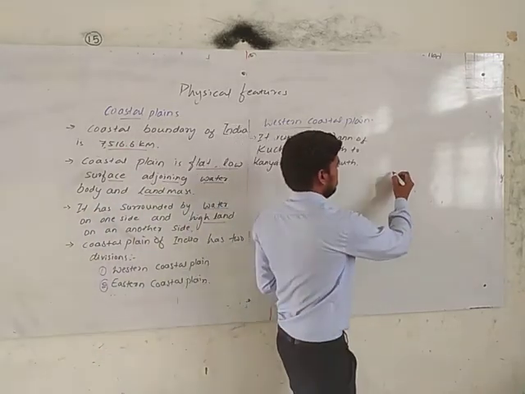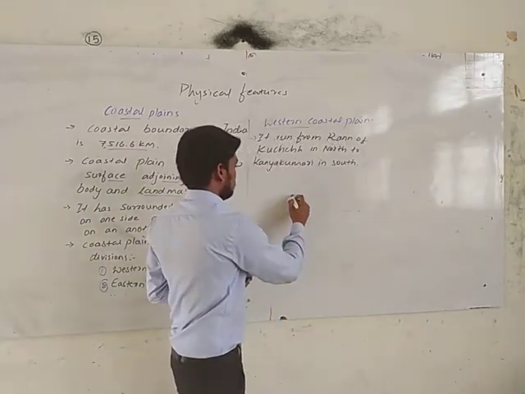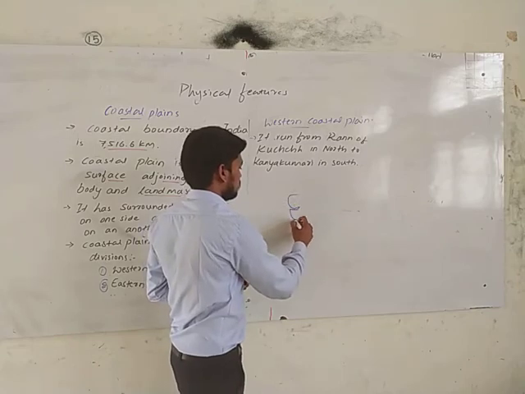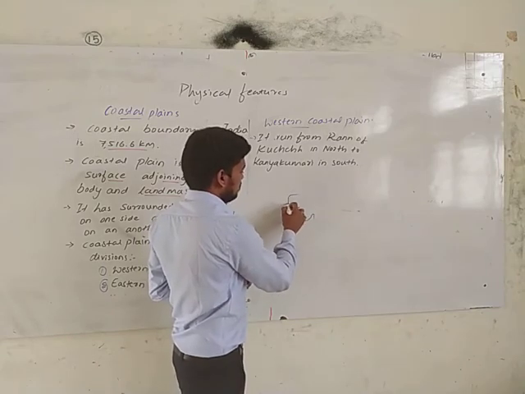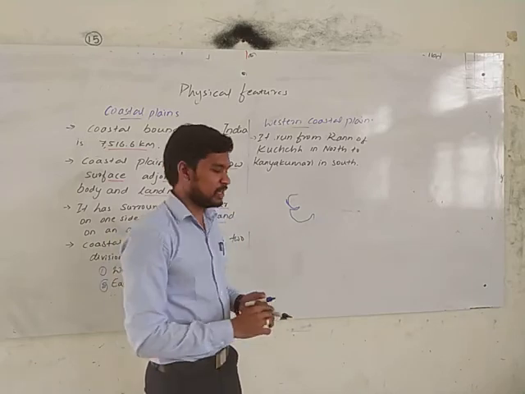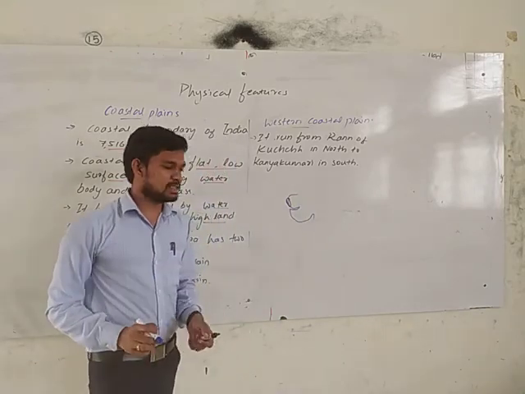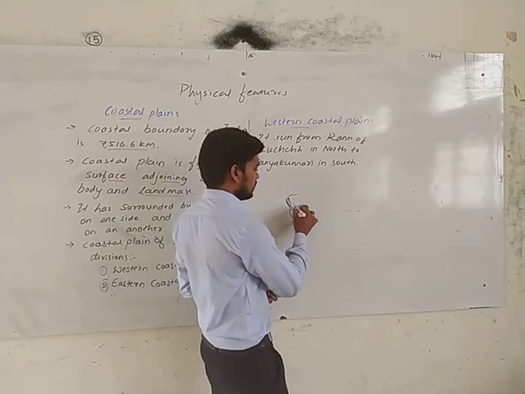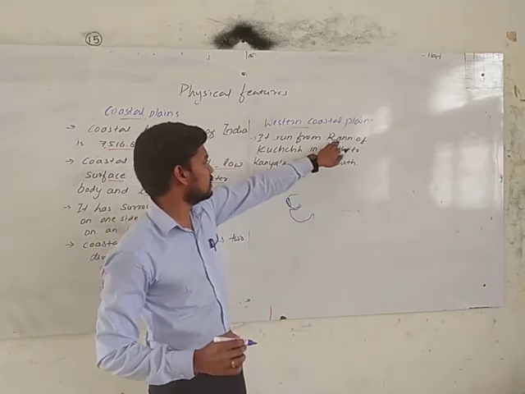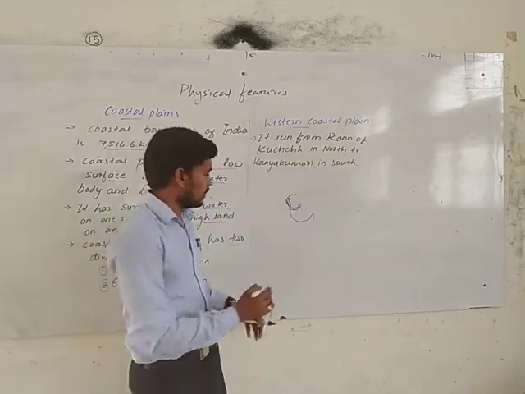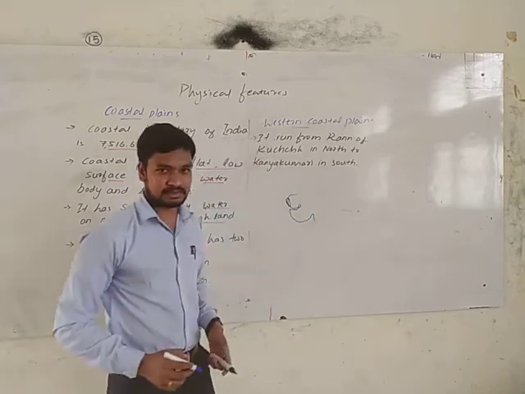As we discussed, in Gujarat we have the Rann of Kutch, a place with that name. Here we have the Gulf of Kutch, and here we have the Gulf of Khambhat.